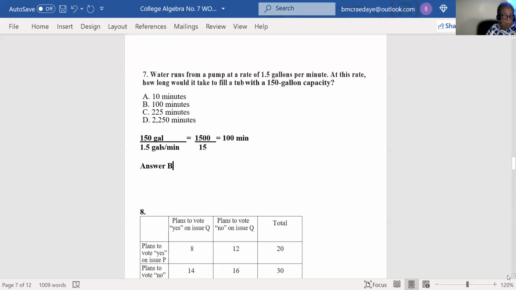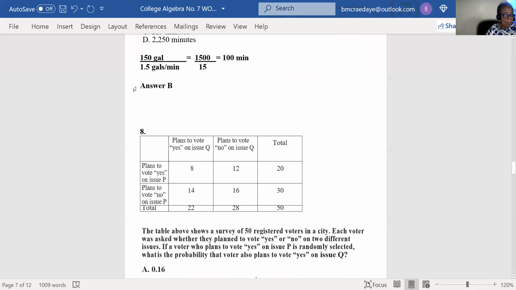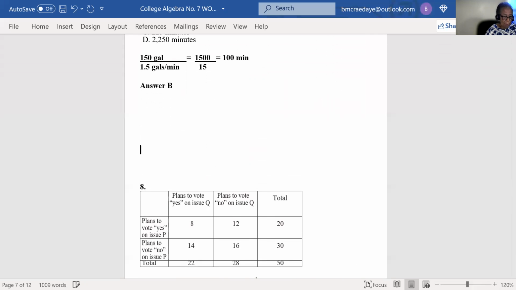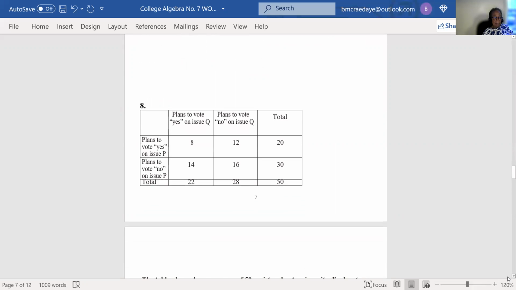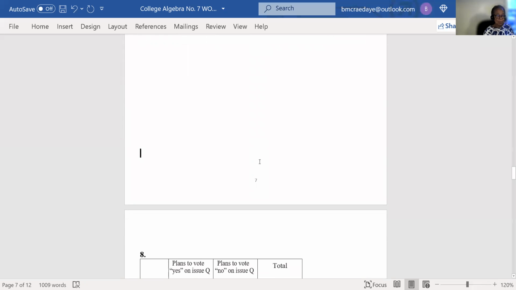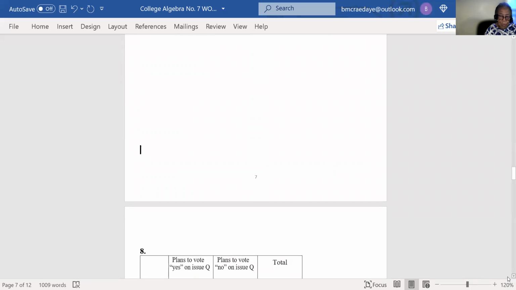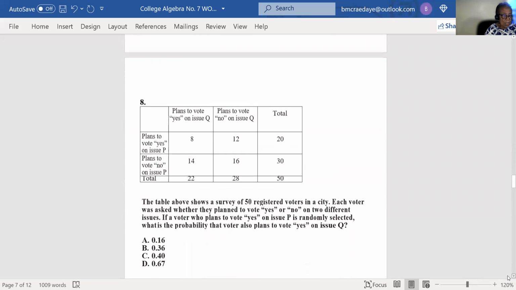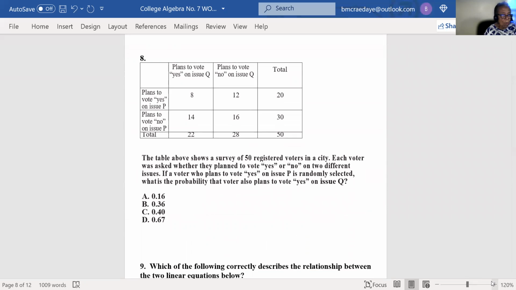Okay, let's go to number 8. So what are we trying to find in number 8? Let me bring that down further so we're all on one page. So number 8, you're given a table here of how people voted on issues P and Q. So you've got 50 registered voters in the city, and they would vote yes or no on 2 different issues.